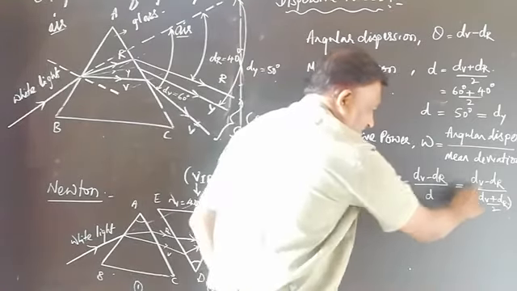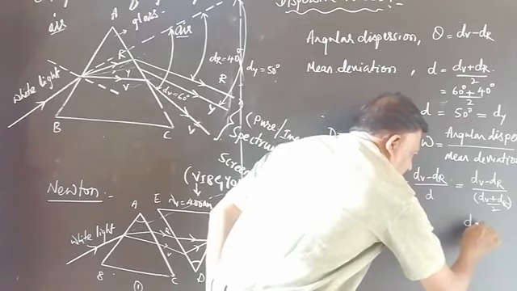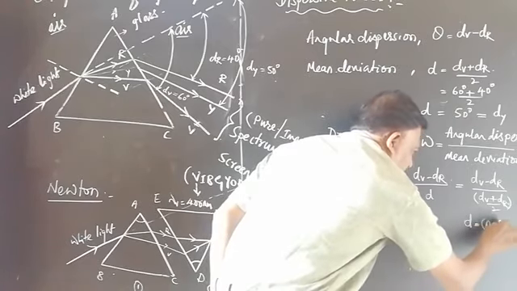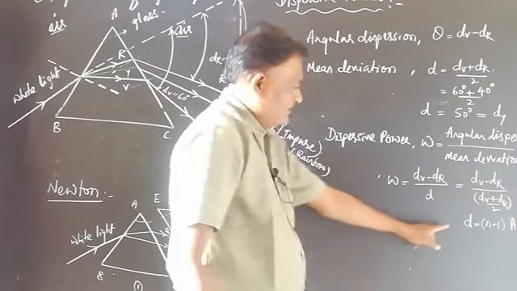Already for the case of a thin prism we can write D equals n minus 1 into A, the deviation produced for a thin prism.